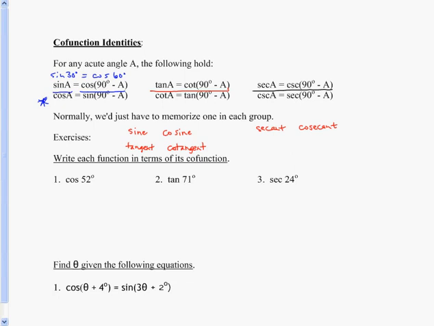The biggest thing that people do is they mix up reciprocal with cofunction. I'm going to make a big note up here. Reciprocal is not cofunction. They are very different and they don't match up the same. The reciprocal of sine is cosecant, but the cofunction of sine is cosine. So be very careful with that.